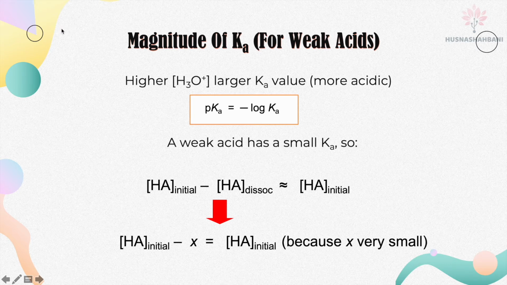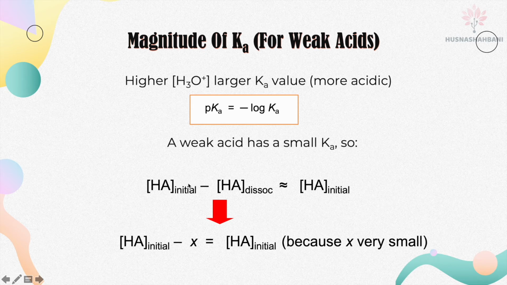Magnitude of Ka for a weak acid. Higher H3O+ means a larger Ka value, which means it's more acidic. We know that pKa equals negative log Ka. A weak acid has a smaller Ka.